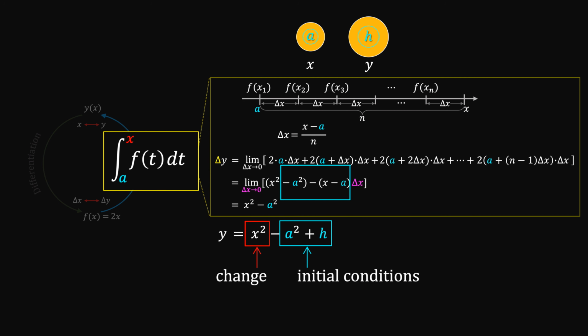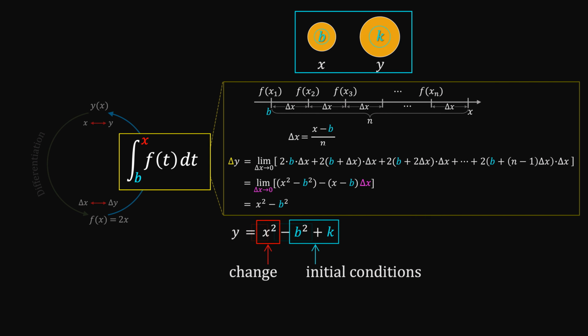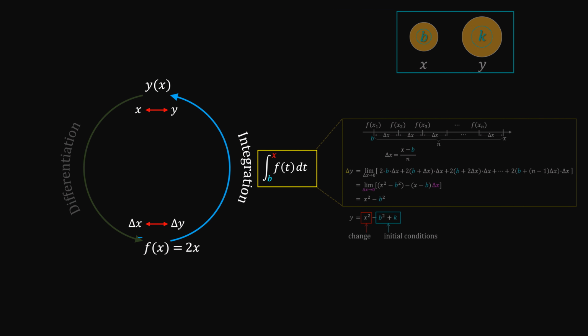Now if we start with a different set of initial conditions, say b for x and k for y, the only difference is in the constant. The core relationship stays the same. So, given the function of how two things change, integrating from the initial start up to x will give us the net change of y.